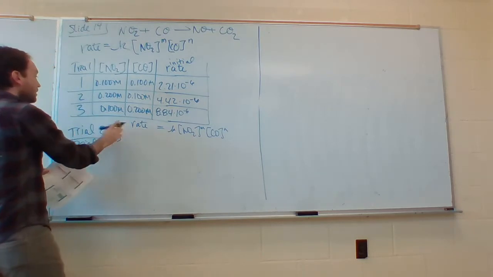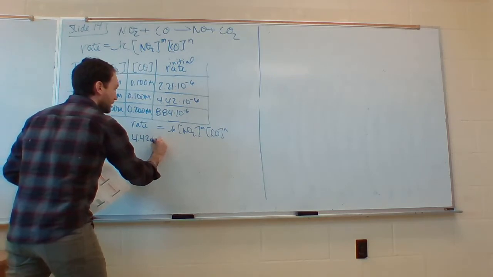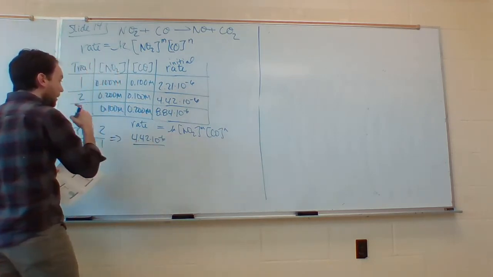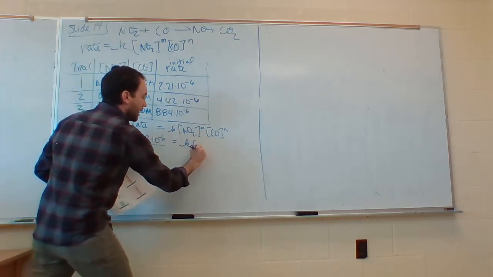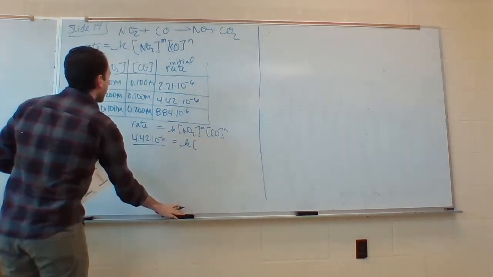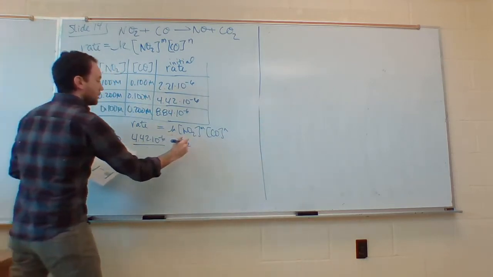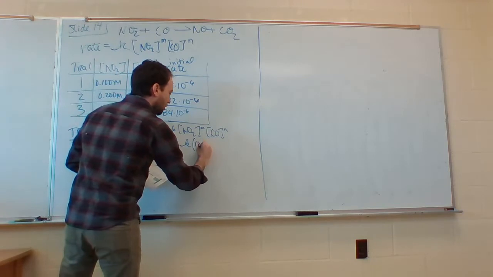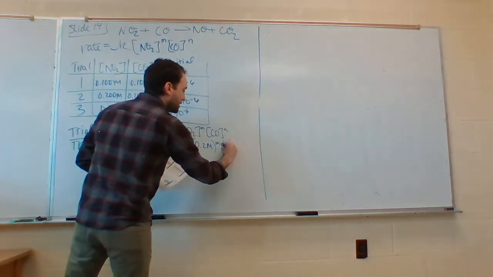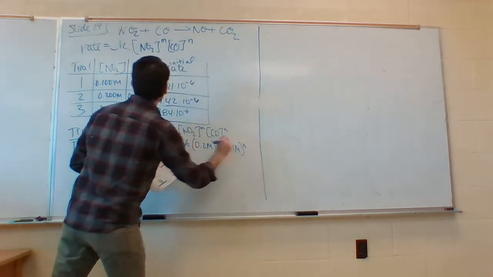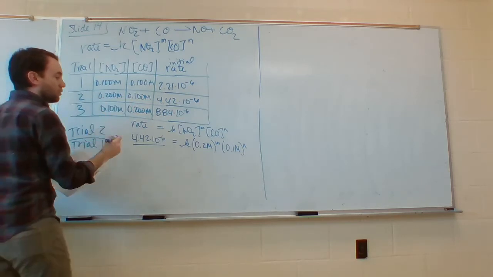I'm going to take my rate from trial 2, which was 4.42 times 10 to the negative 6 over, and I'm going to say that that's equal to K times my concentration of NO2 from that row, which was 0.2 molar, and that's raised to the M, and then I had 0.1 molar raised to the N, okay, again going with my different species in the row, right?